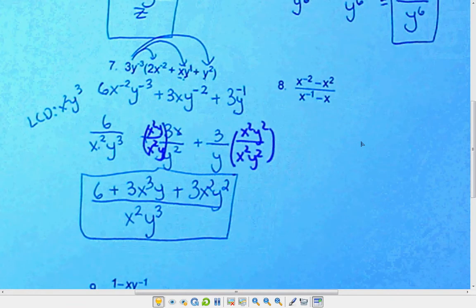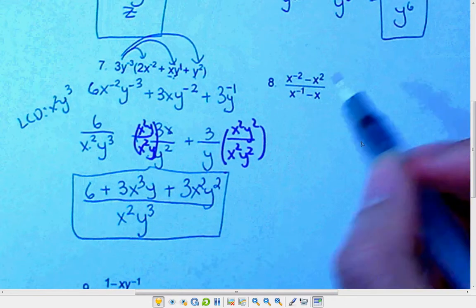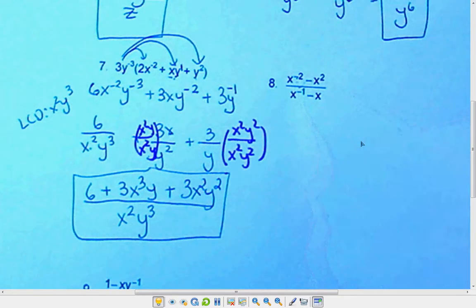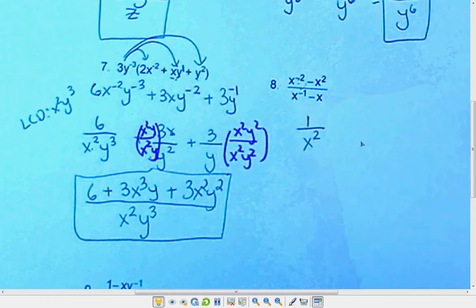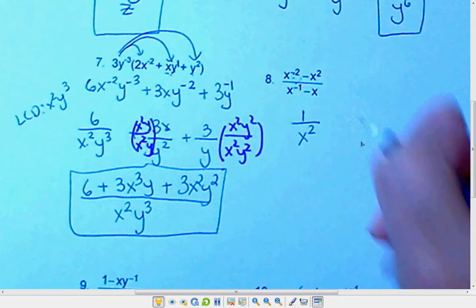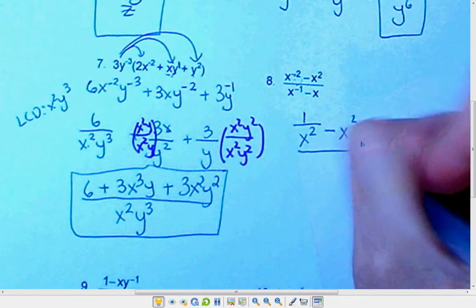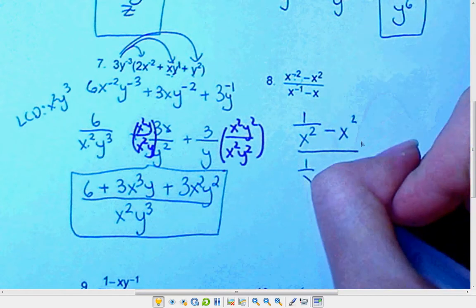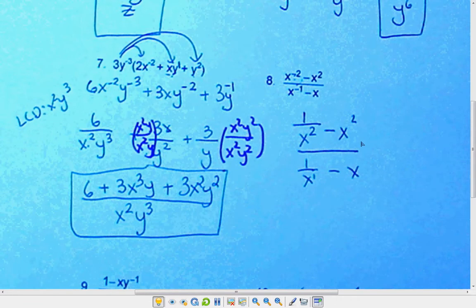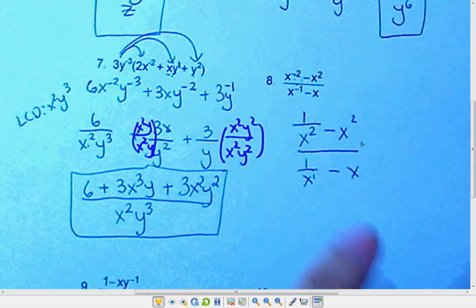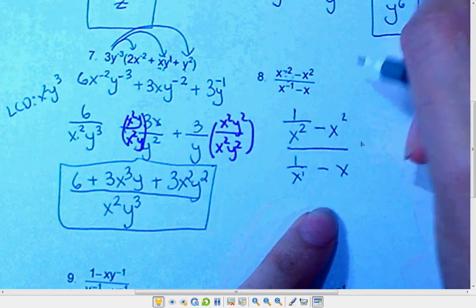Okay, for number 8. So we're going to start off again by rewriting these negative exponents. So x to the negative 2 is the same thing as 1 over x squared, because again we're moving it to the bottom, minus x squared over, this is 1 over x to the 1, so we're just getting rid of all of our negative exponents. And this is another blast from the past with our LCD again.